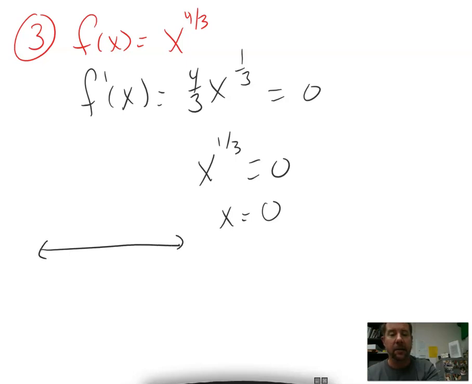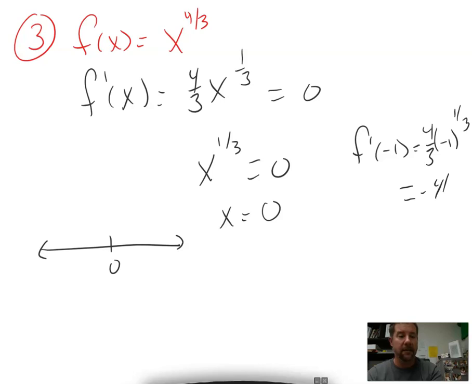I'm going to do my number line, put 0 in the middle. If I test things to the left, if I plug in a negative number, remember x to the 1/3 means the cube root of x. So if I plug in -1, the cube root of -1 is -1. f prime of -1 is 4/3 times -1 to the 1/3, so this is going to be -4/3.